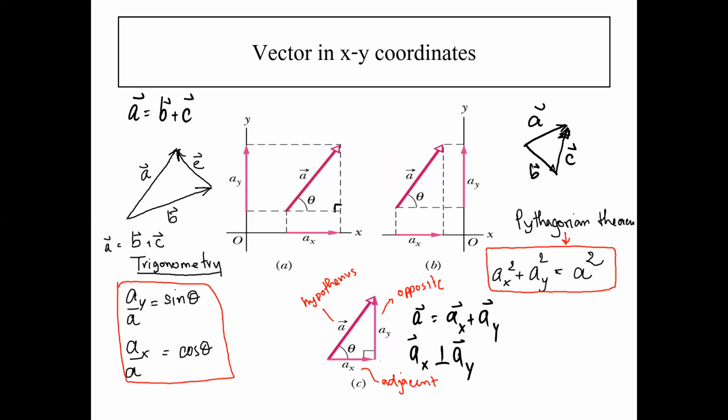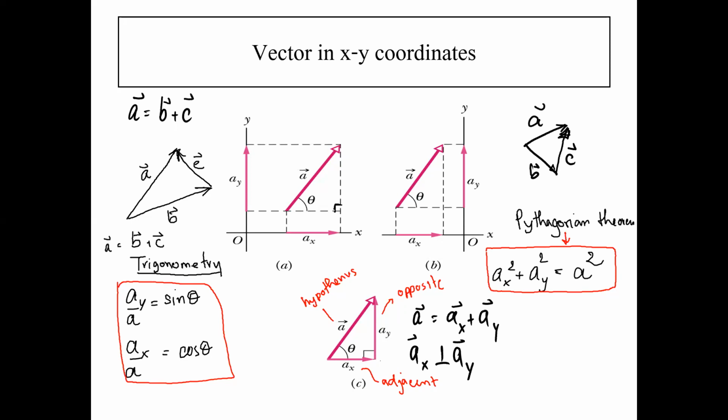Because you can break any vector into the addition of two vectors, if you have any vector A, you can break it into two. The very important pair is when the two vectors are perpendicular to each other.